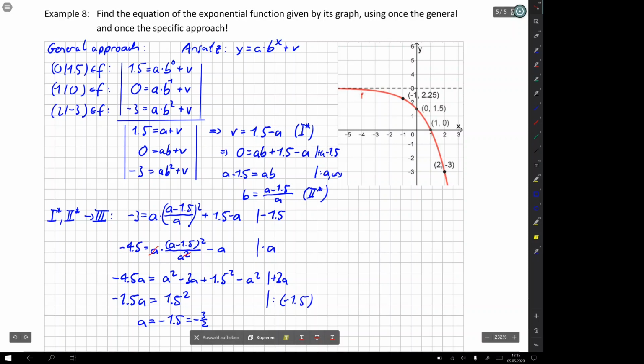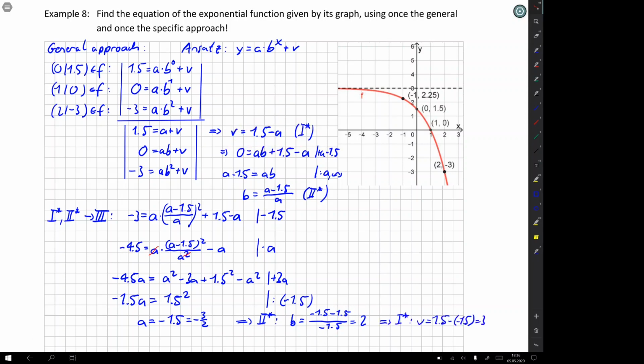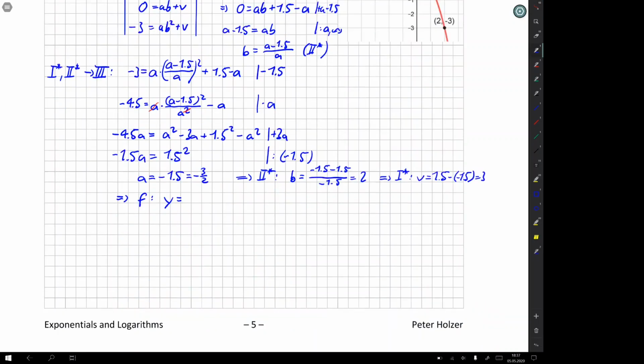So this means we can now find b by inserting that into equation 2 star here, and we get this expression which simplifies to 2, and then we insert also that into 1 star here, and we find that v is equal to 3. So we find finally that the equation of our exponential function is minus 3/2 times 2 to the power of x plus 3.